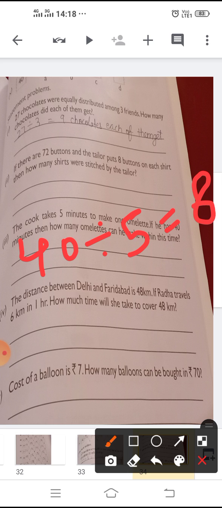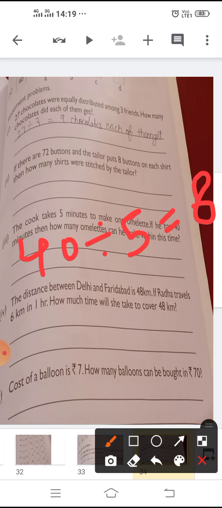Means 8 omelettes he can make within 40 minutes. Now next, the distance between Delhi and Faridabad is 48 kilometers. If Radha travels 6 kilometers in 1 hour, how much time will she take to cover 48 kilometers? This also we have done in our book exercise. You will do on your own.